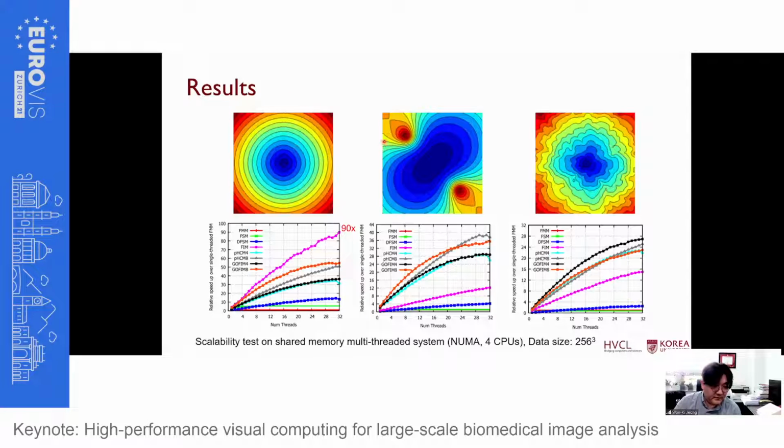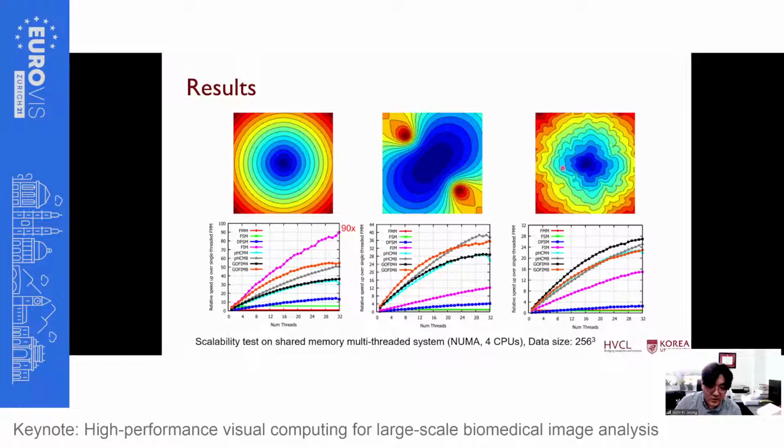If the problem or input is very simple like this, like constant speed, then our method FIM can be up to 90 times faster than the single-threaded fast marching method when we use 32 threads.